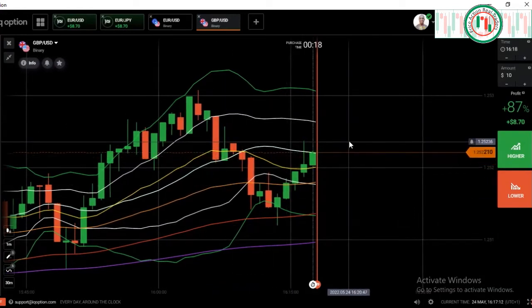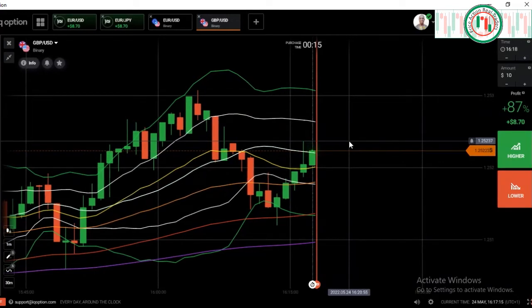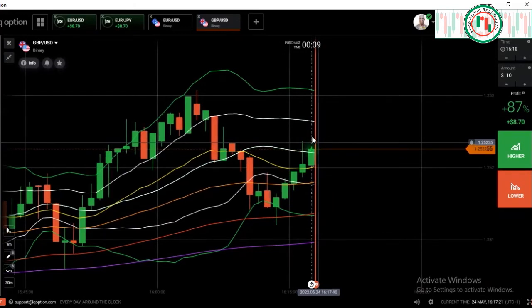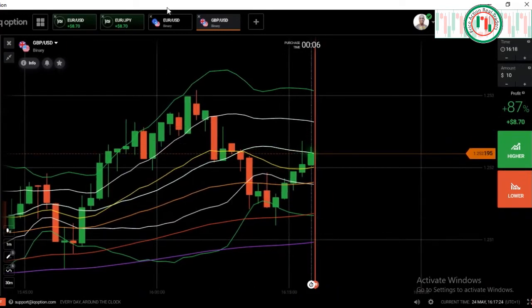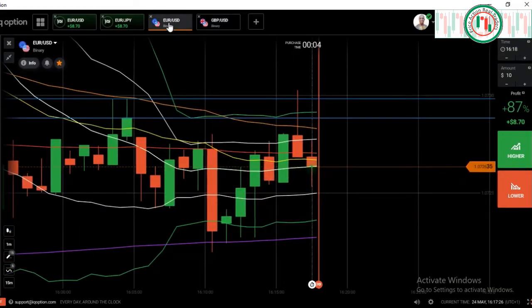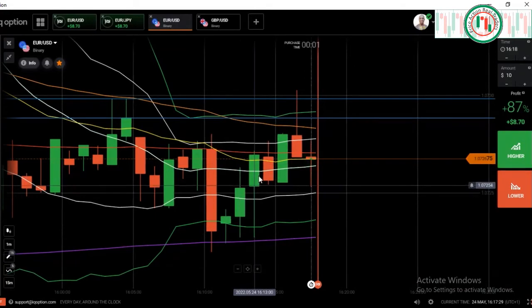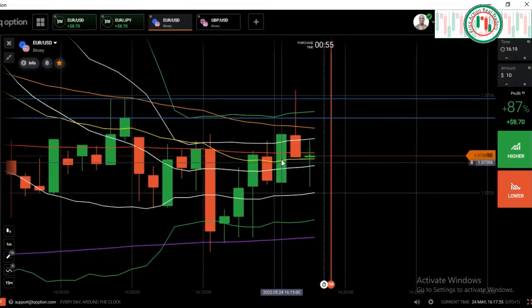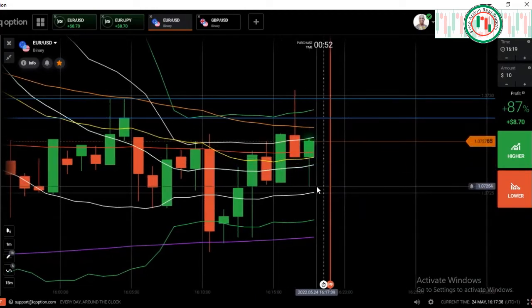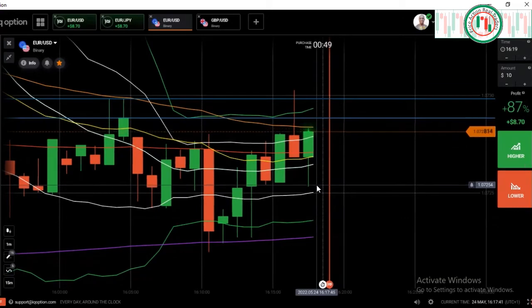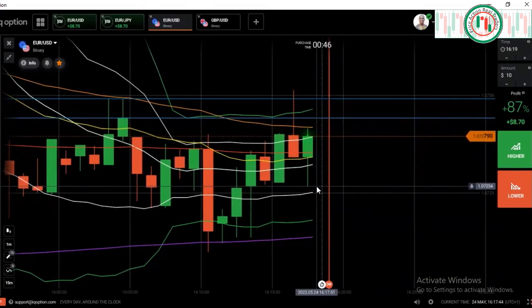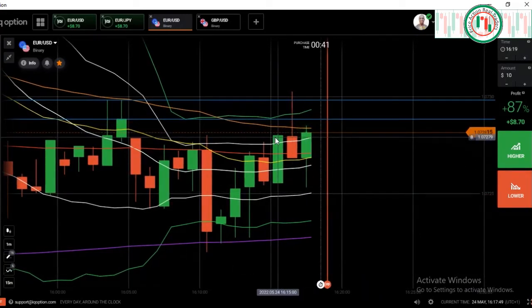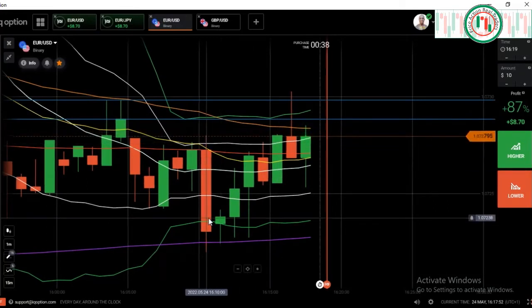Here is another area, but you see momentum here. It's not so nice. Yes, engulfing.